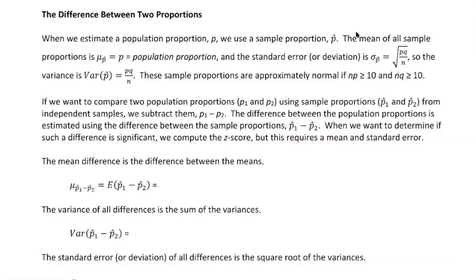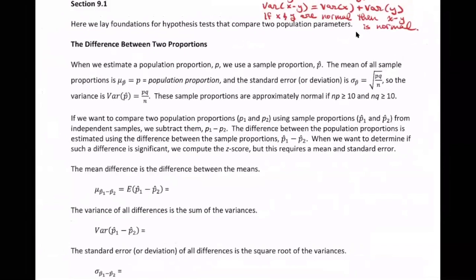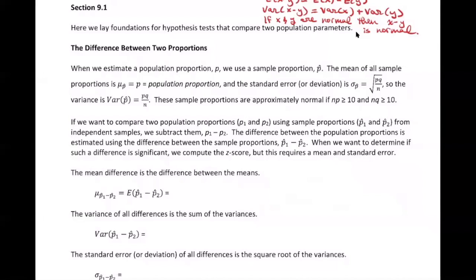When we want to determine if such a difference is significant, we compute the z-score, but this requires a mean and a standard error. So the mean difference is the difference between the means. Remember the formula we had just above: the mean of a difference, p hat 1 minus p hat 2, is the expected value of the difference, which is the expected value of p hat 1 minus the expected value of p hat 2. And the expected value is the mean.